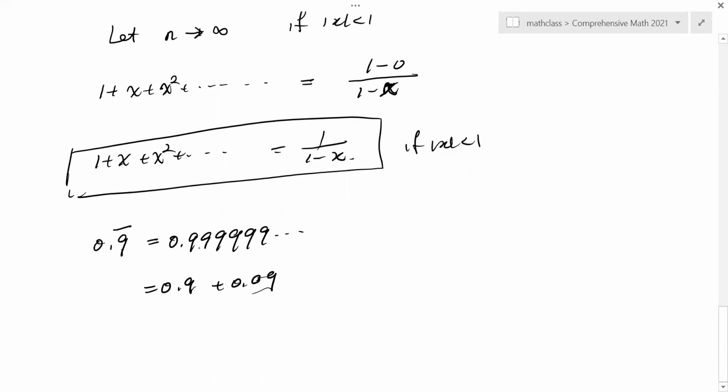Every time I write 1 more digit of 9, I'm adding another term to that.